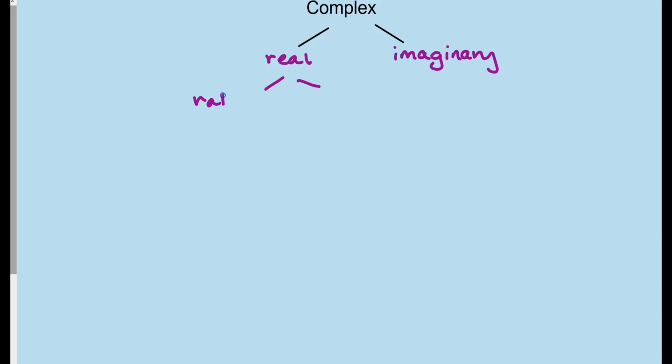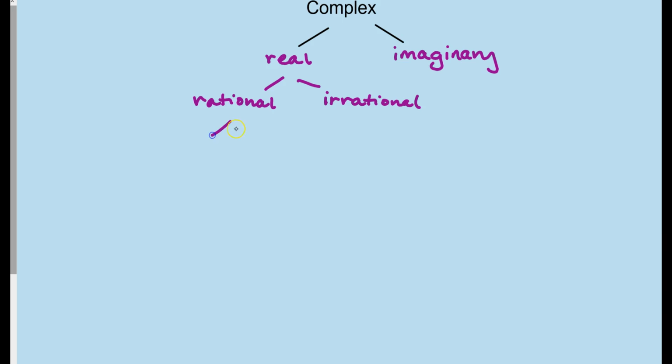We have the rational numbers and we have the irrational numbers. Everything rational is real, everything irrational is real. So everything rational is complex and everything irrational is complex. Everything above it, if you follow back through the tree, it's a subset of everything above it.